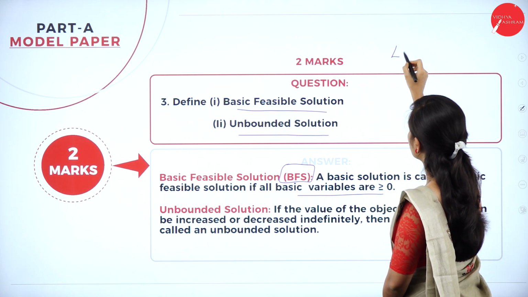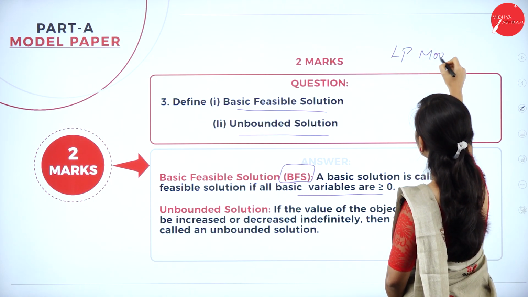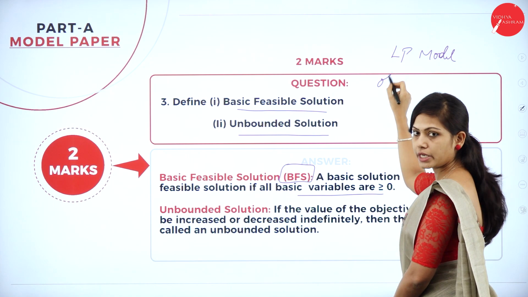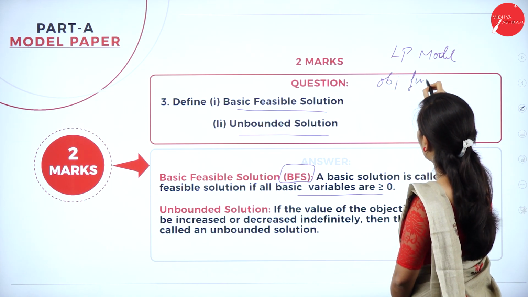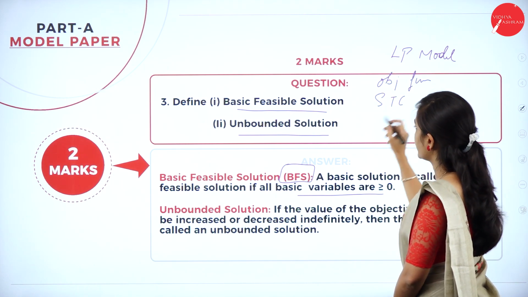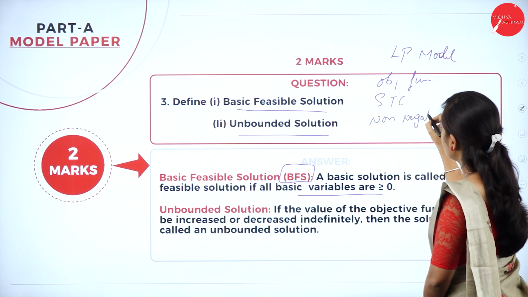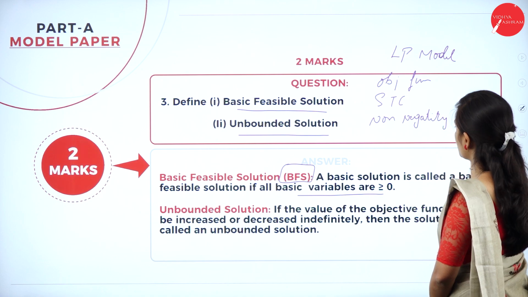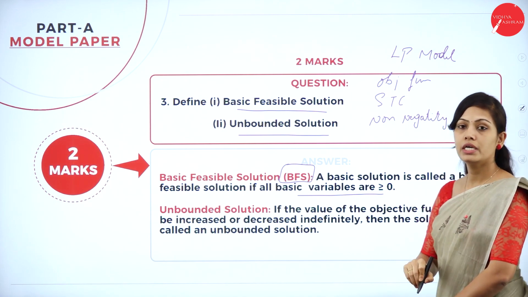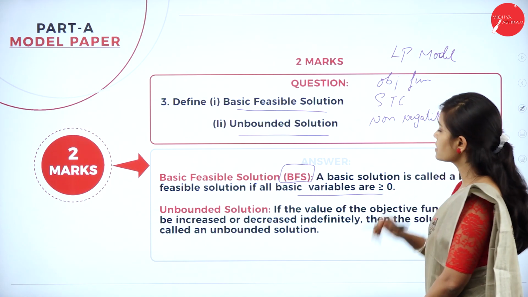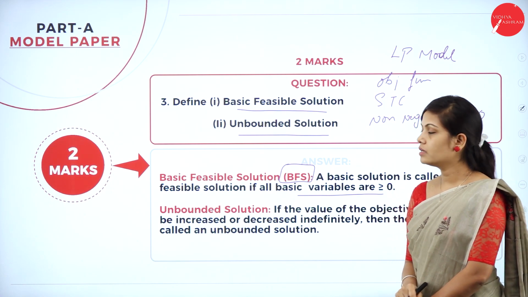When you are constructing the LP model, first you write the objective function, subject to constraints, and the non-negativity constraint. Is it right? All the non-negativity constraints should be greater than or equal to 0. That is called a basic feasible solution.